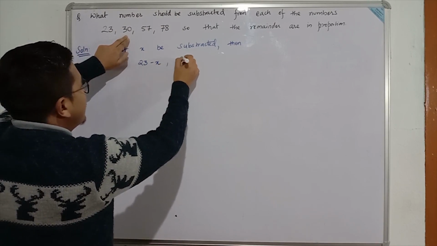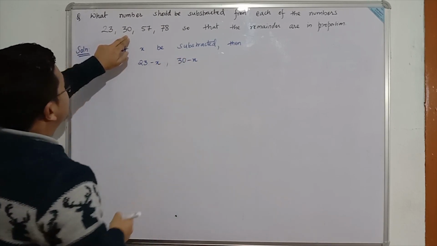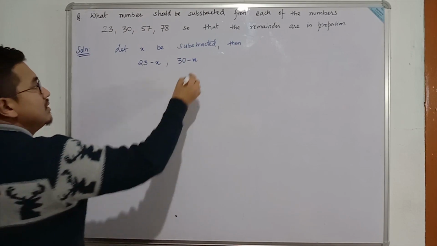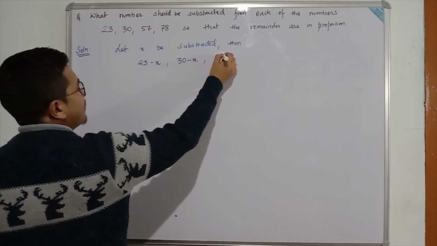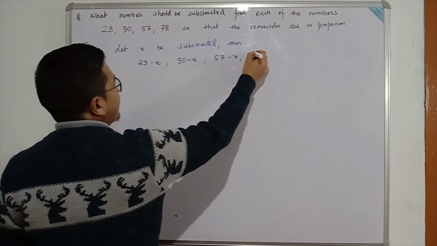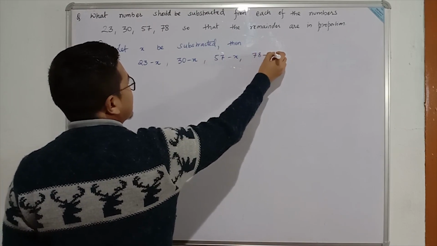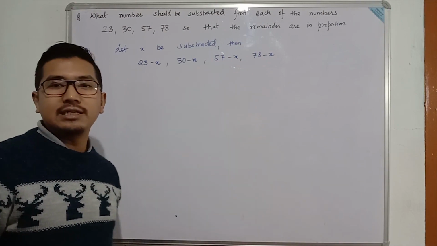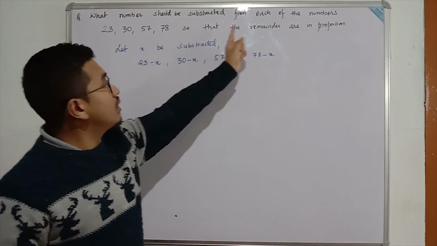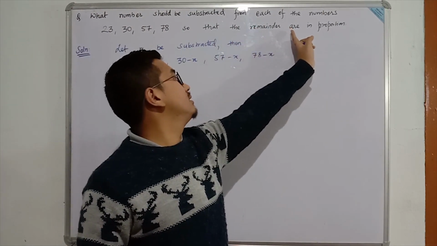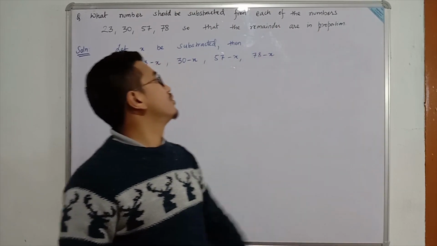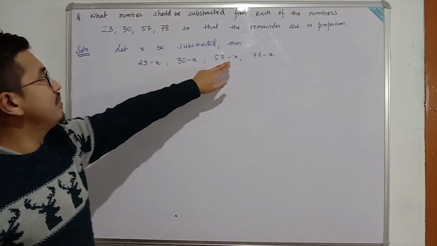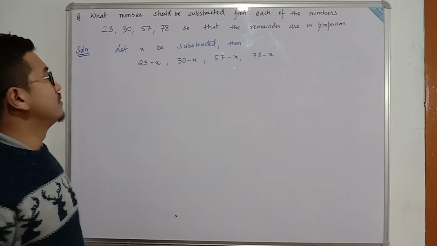Subtracting x from 30, we get 30 minus x. Same thing with 57, 57 minus x, and in 78 we get 78 minus x. So these are the 4 numbers where we are subtracting x, and after subtracting, whatever remainders you get should be in proportion.